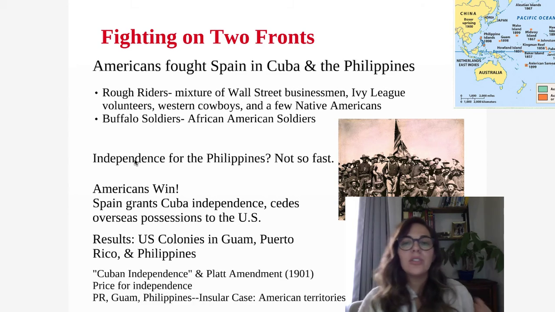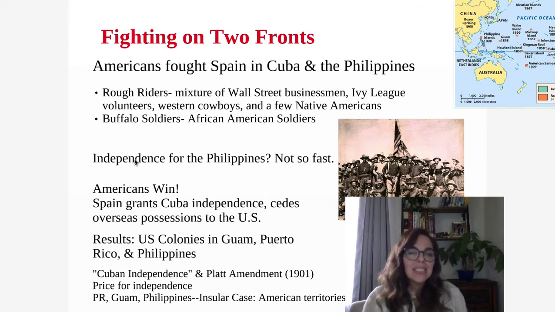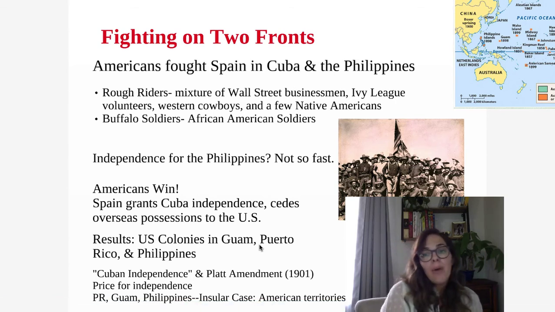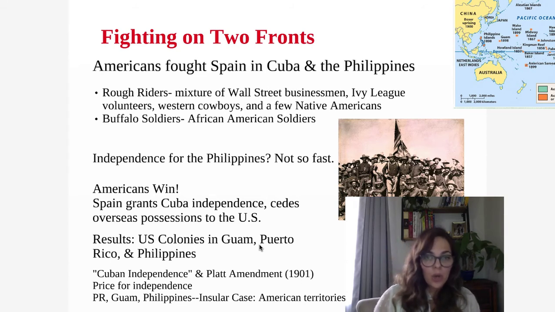Okay, when it comes to Cuba, Cuba is going to be independent. And I say independent because, well, they're not. The U.S. Congress is going to pass the Platt Amendment, I have that right here, in 1901, which is basically a policy statement about Cuba, which says that Cuba, although independent, is not allowed to negotiate any kind of treaties with any other nation without U.S. supervision or approval.